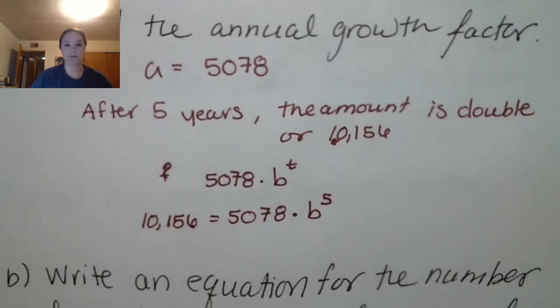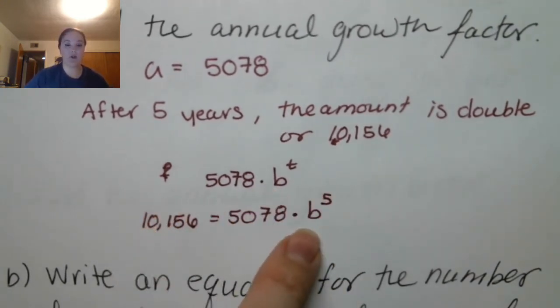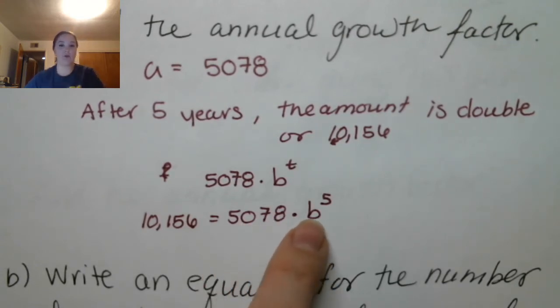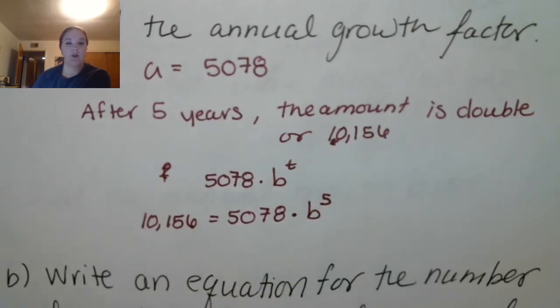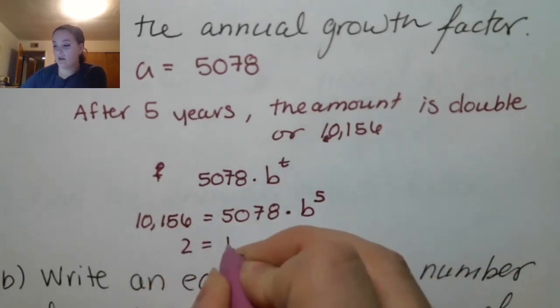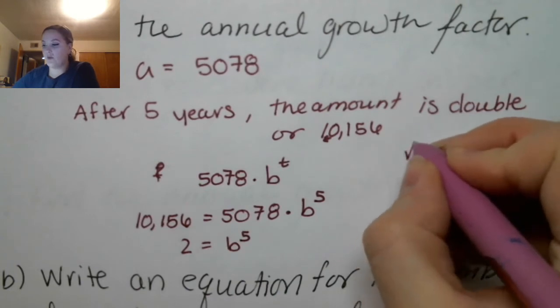Now, this is a power equation, which we studied in the last chapter. We have a variable to a numerical exponent, so we can go ahead and solve this. We're going to divide both sides by 5,078. Then to get rid of the fifth power, we're going to use the fifth root.